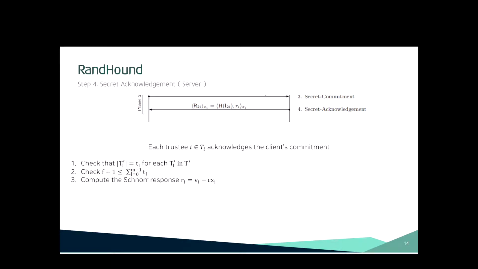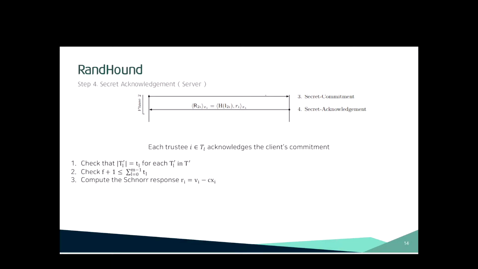Now the server checks that TL in T dot is a threshold size. Check that all of these sizes are threshold in T dot. And check that the sum of all TL is greater than F plus 1. And compute the Schnorr response using their own VI and these challenge values.